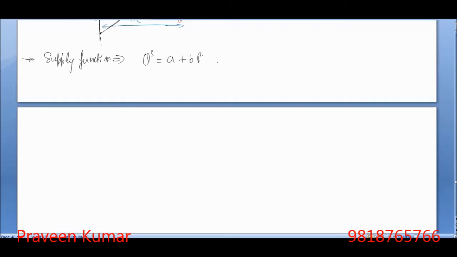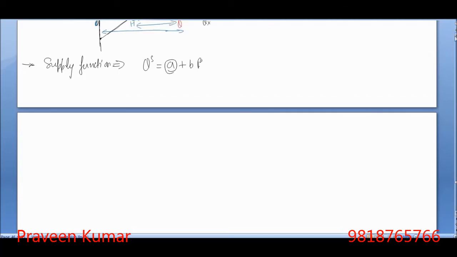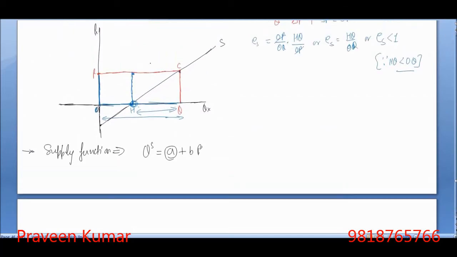Here you can draw this curve. When the price is 0, the quantity supplied would be A. Now this intercept will vary, whether it will start on the horizontal axis, or from the vertical axis, or from the origin point.